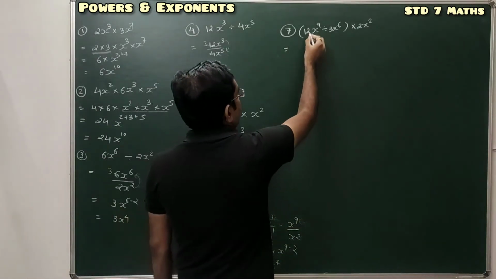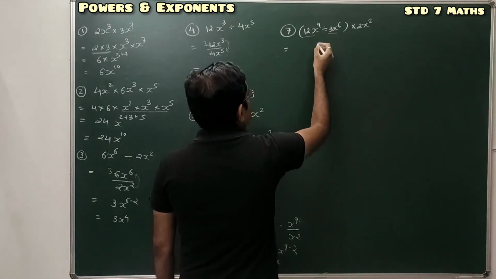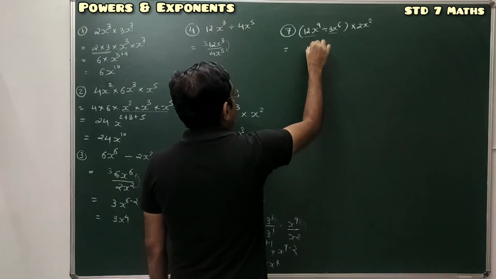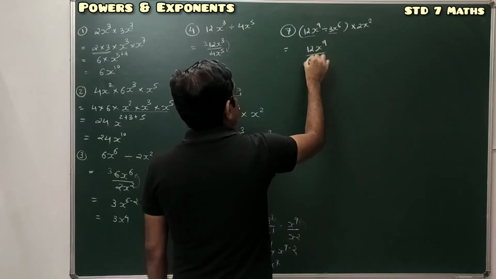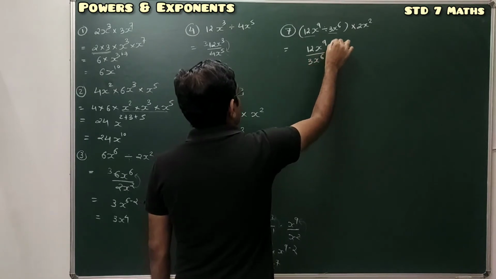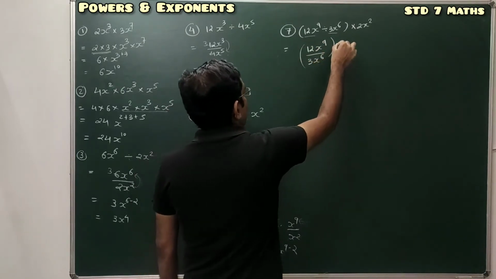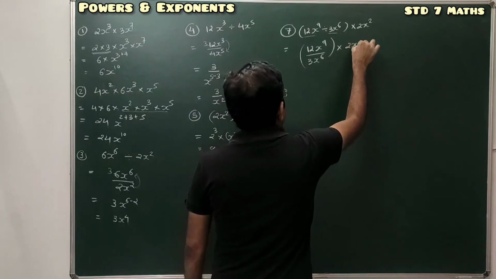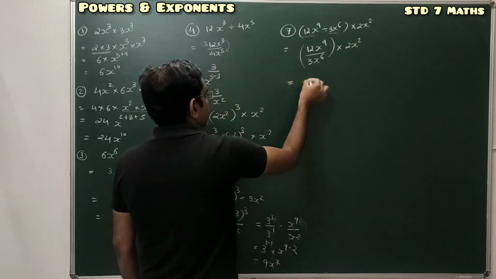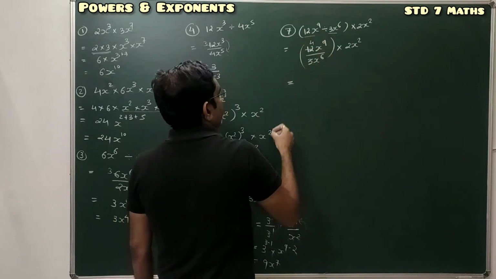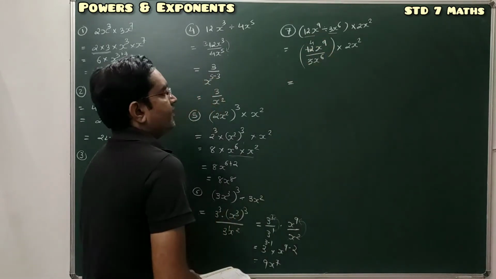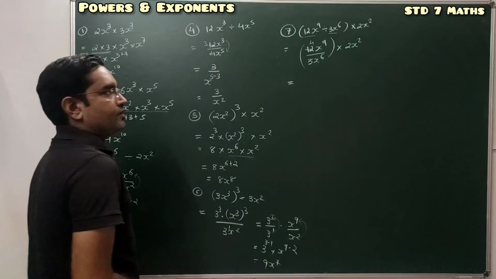So here this bracket is division of these 2 powers. So this one is 12x raised to 9 divided by 3x raised to 6 multiplied by 2x square. So this is equal to, now constant part 3 4s are 12, and here again x raised to 9 upon x raised to 6.